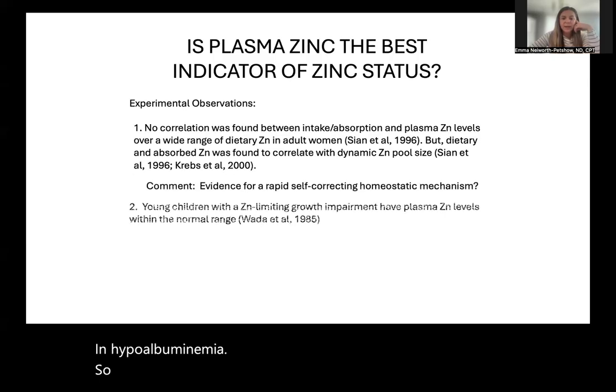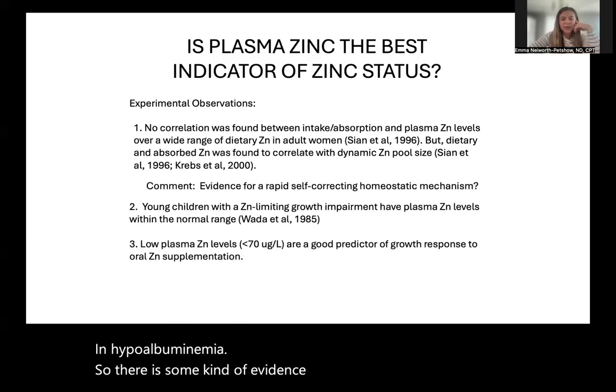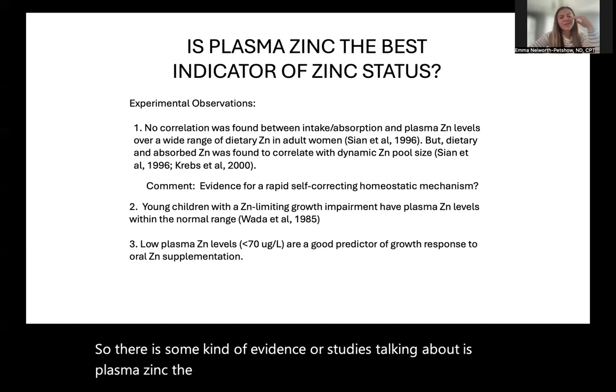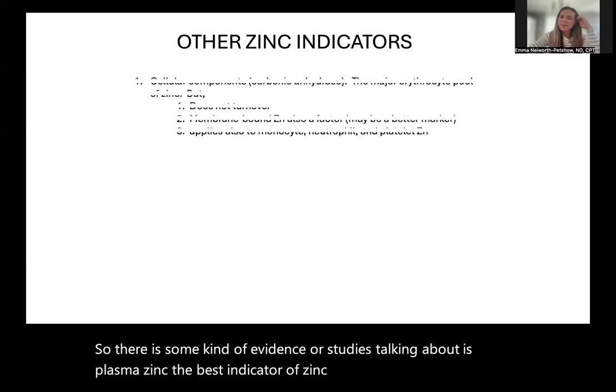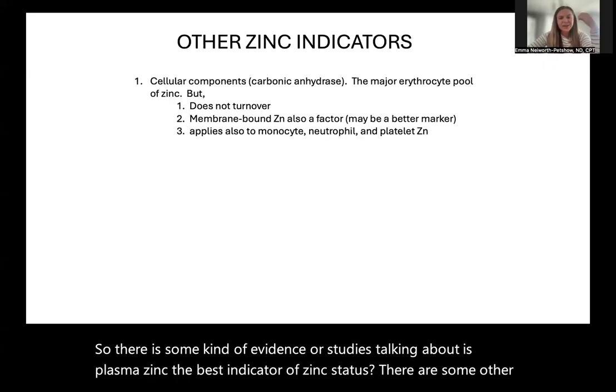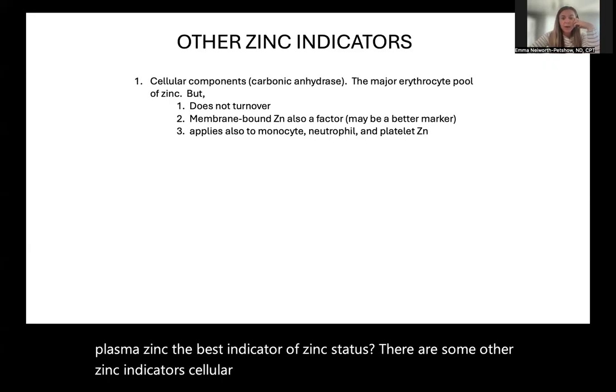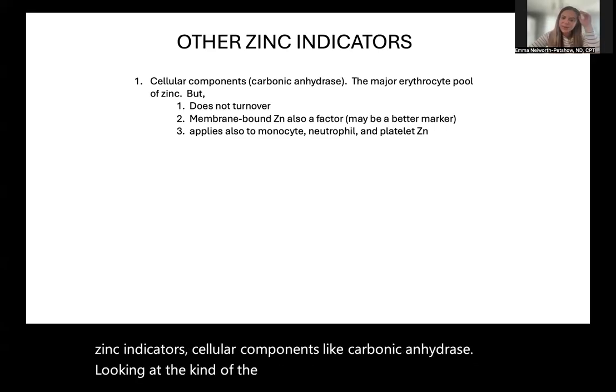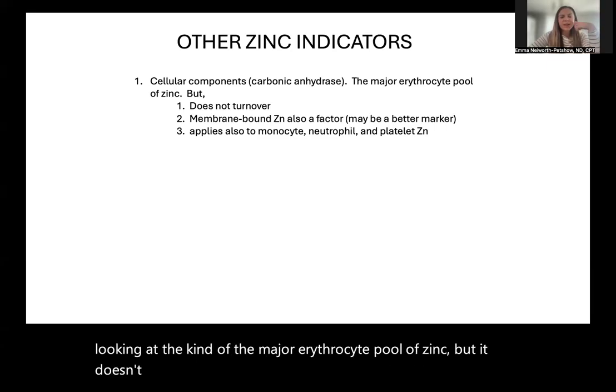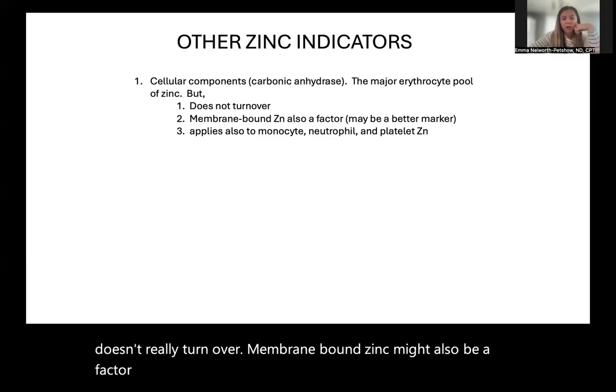So there is some evidence or studies talking about, is plasma zinc the best indicator of zinc status? There are some other zinc indicators, cellular components like carbonic anhydrase, looking at the major erythrocyte pool of zinc, but it doesn't really turn over. Membrane-bound zinc might also be a factor, maybe a better marker.